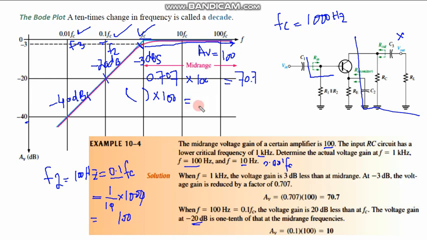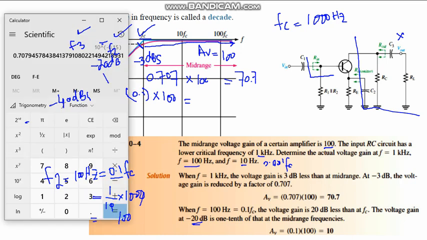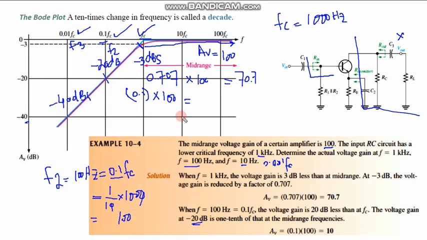Minus 20 dB, last time we proved, corresponds to 0.1, or you can do it with the calculator. We found it in the previous slide, so no need to do it again. It becomes 10, so from 100 the voltage is now 10.